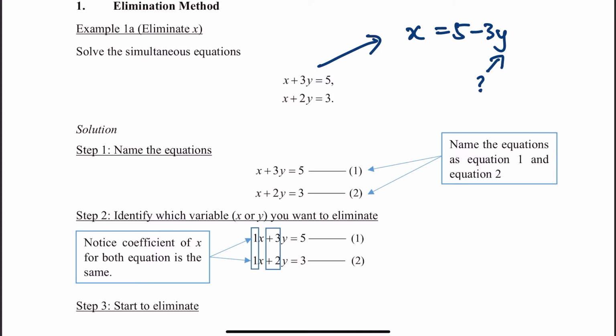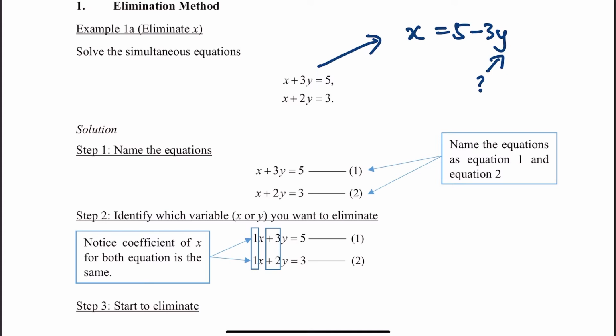In secondary 1, our equations have one variable and therefore we are able to solve them. An equation with one variable, I'm able to solve with one equation. In secondary 2, we deal with equations with two variables, and therefore we need a second equation in order to find the value of y or x before we find the value of the other variable.